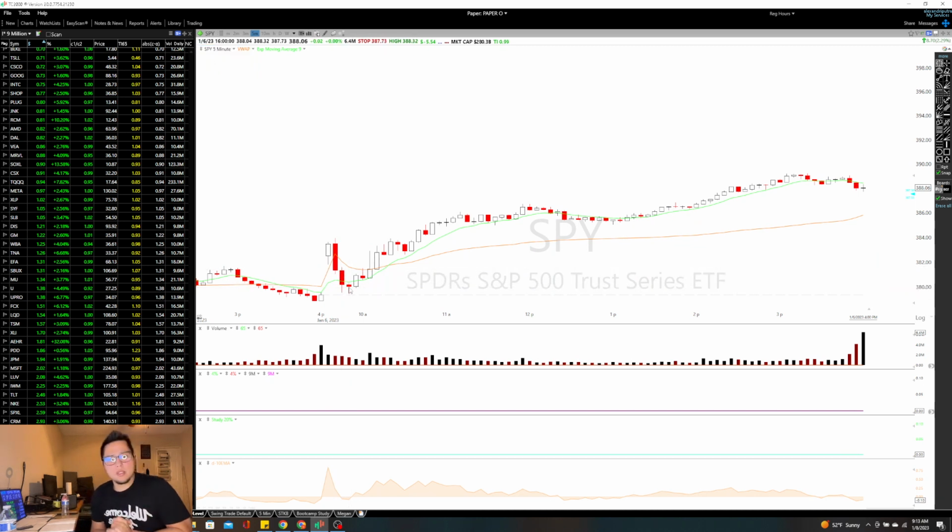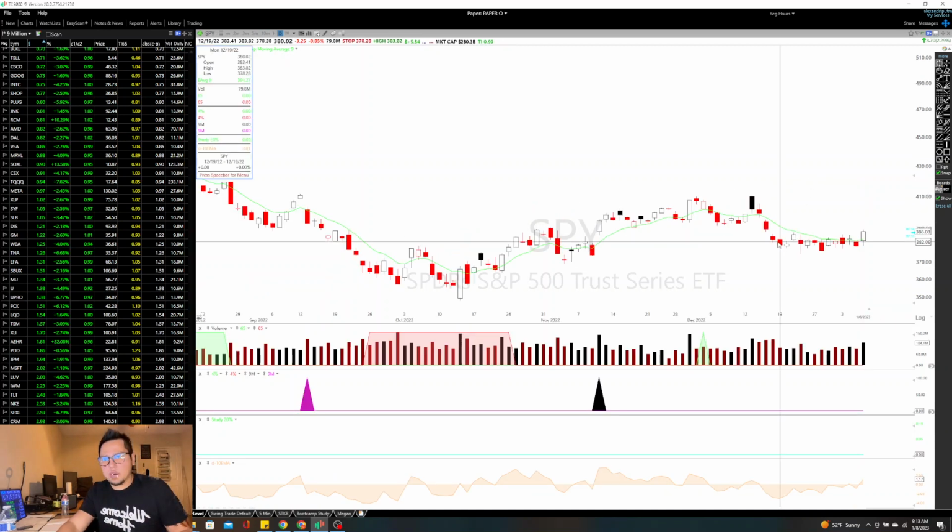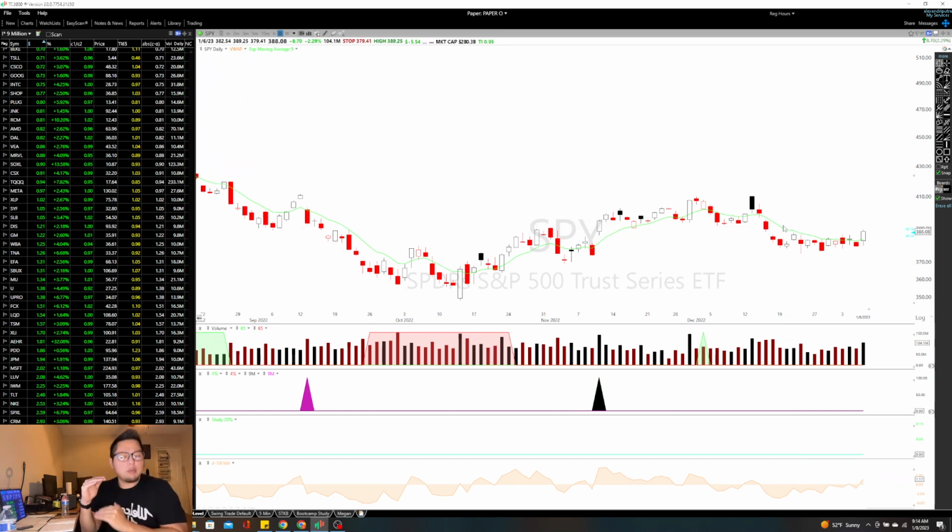And this happens rather often nowadays, and I say nowadays because at the end of 2022 and beginning of 2023, the market has been trading in a range between 373 and about 390. So it's been more choppy, and you can see there's no clear direction on which way it'll go.